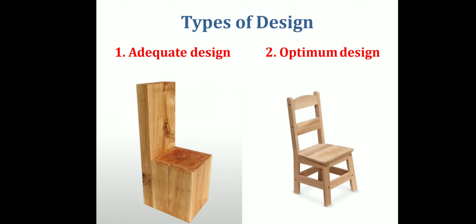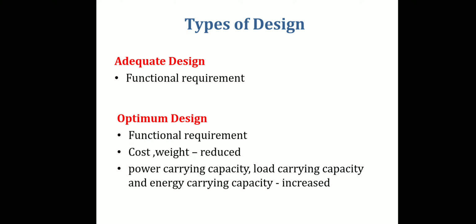Now, according to design, the left chair can be loosely termed as adequate design, and the right chair can be termed as optimum design. Adequate design is a design in which the functional requirement is taken care of and all other parameters are loosely defined.